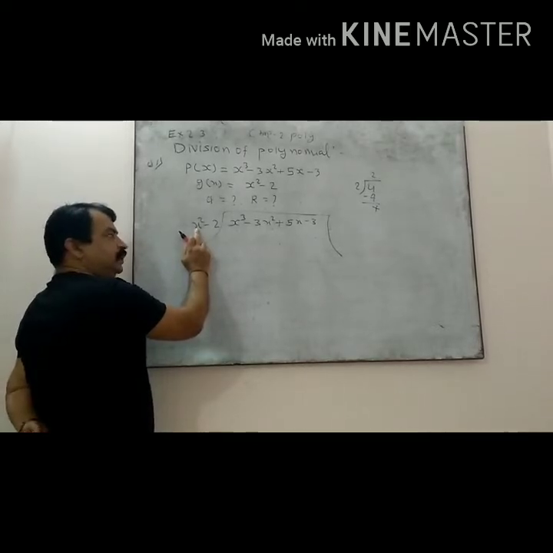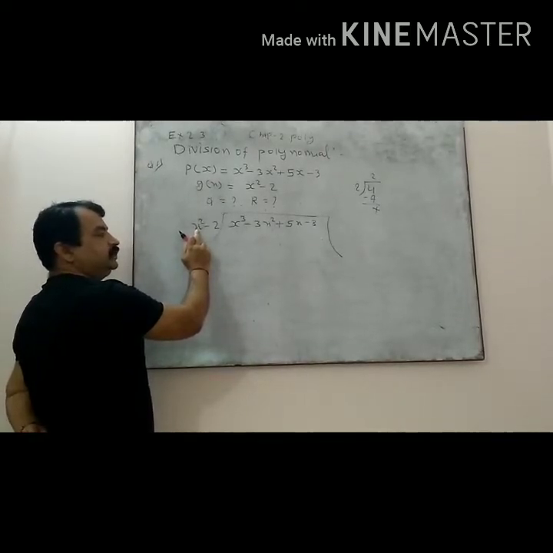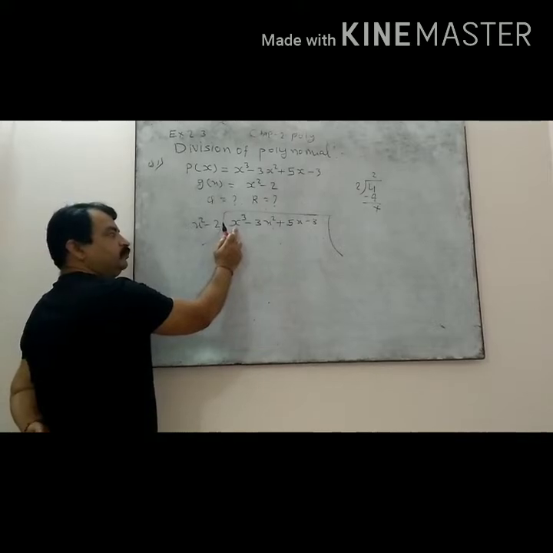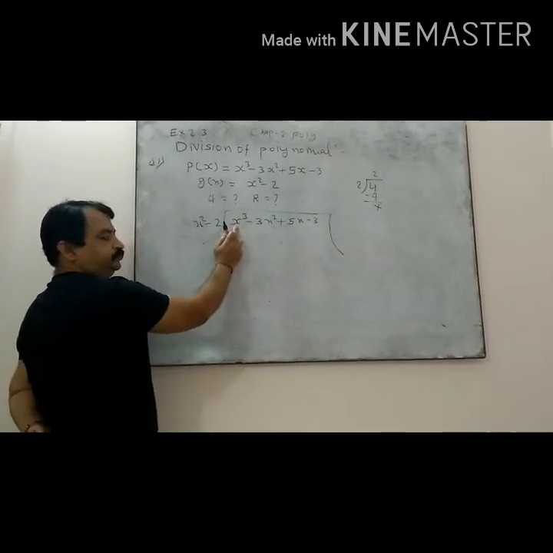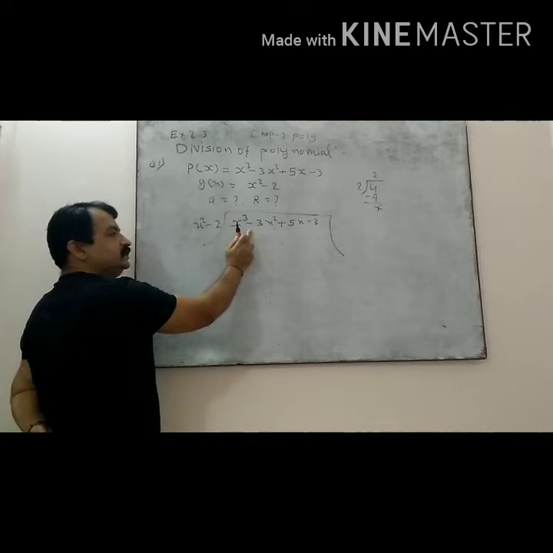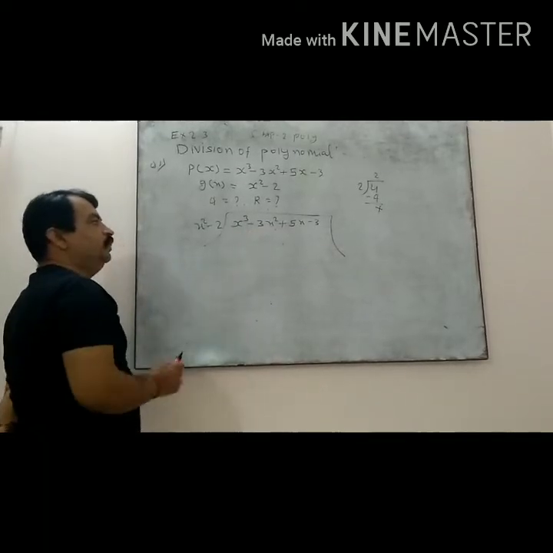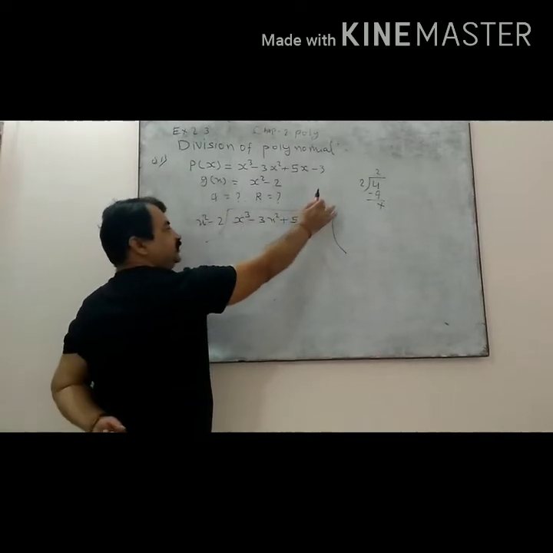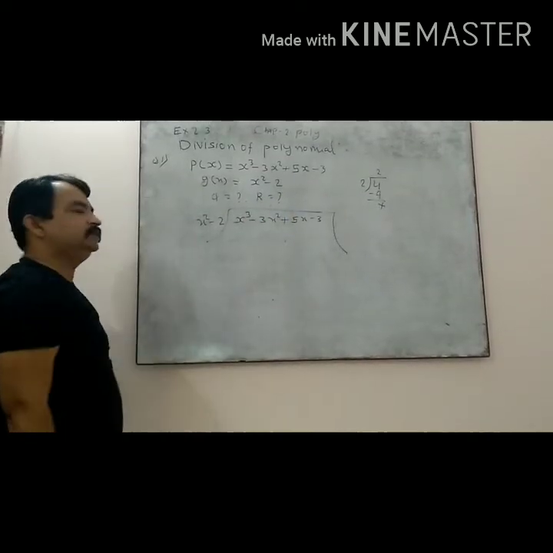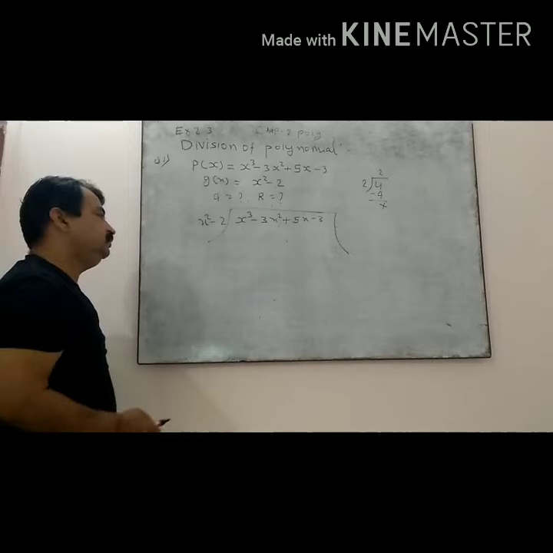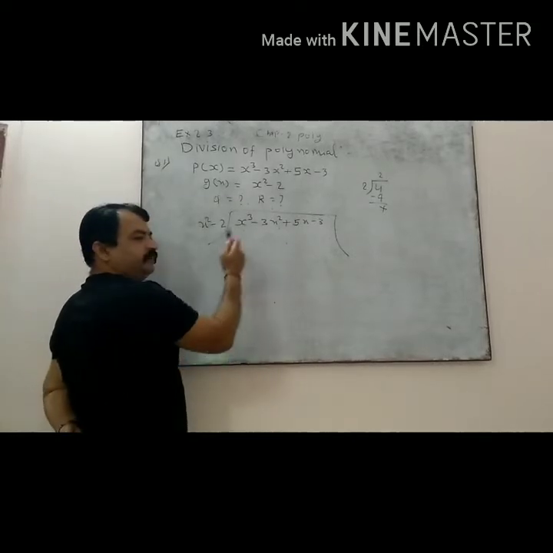What do you multiply in x square to get the first term of the given polynomial, that is x cube? This is the divisor. This is the dividend. Whatever answer we get will be the quotient, and at the last you will get the remainder. So you can apply the division algorithm also to verify the result.